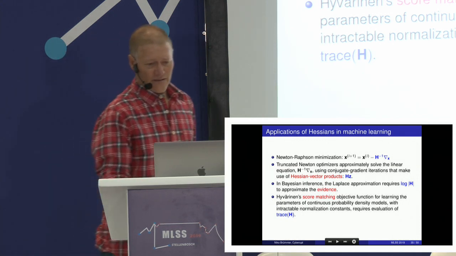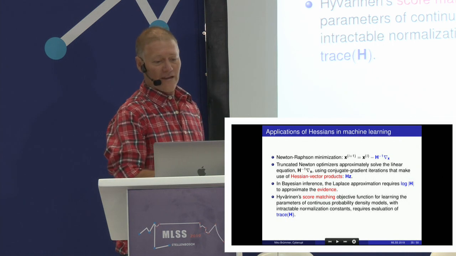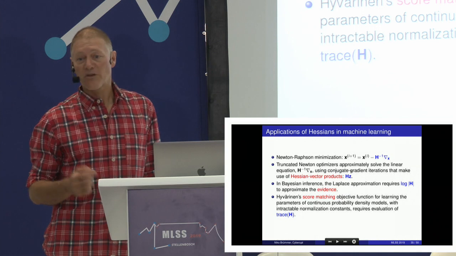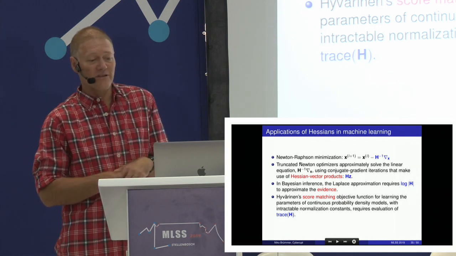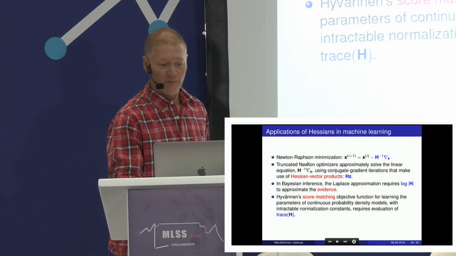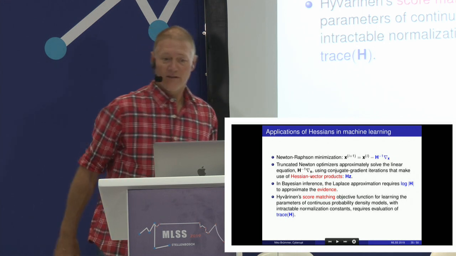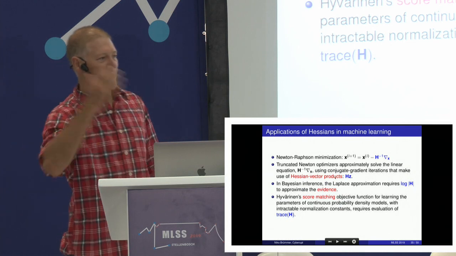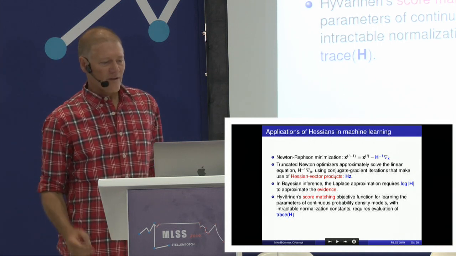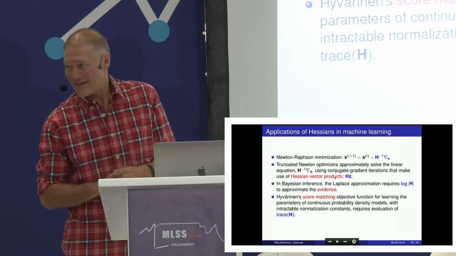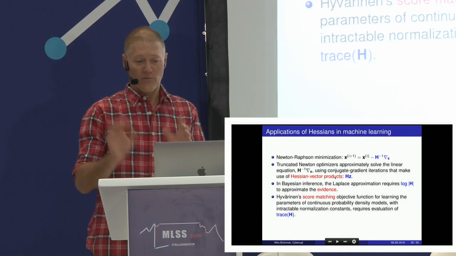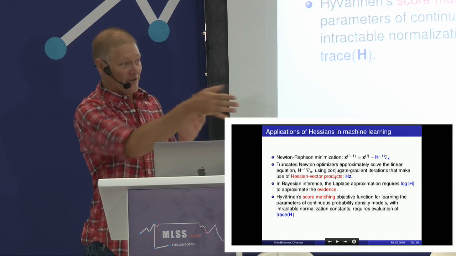So you get a class of optimizers called truncated Newton optimizers, which solve this linear equation approximately using, for example, conjugate gradients. The conjugate gradient is driven by Hessian vector products. You've got some test vector that you keep on multiplying with the Hessian, and if you're lucky, an affordable number of Hessian vector products will get you somewhere near this Newton direction.